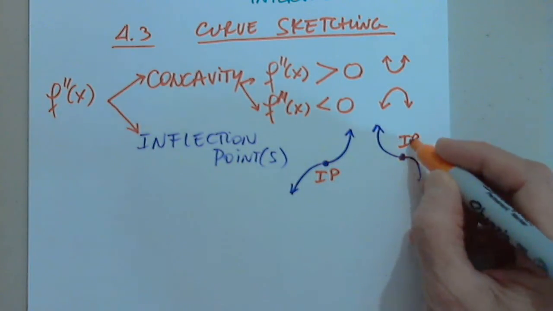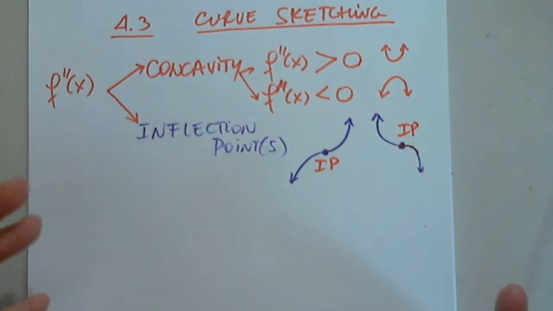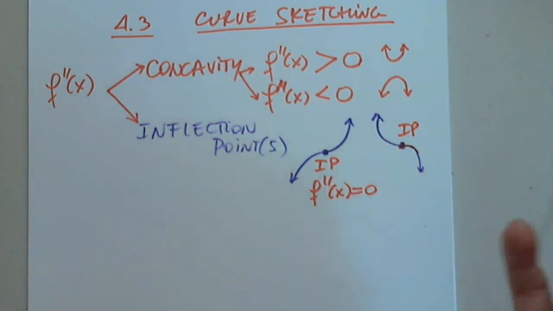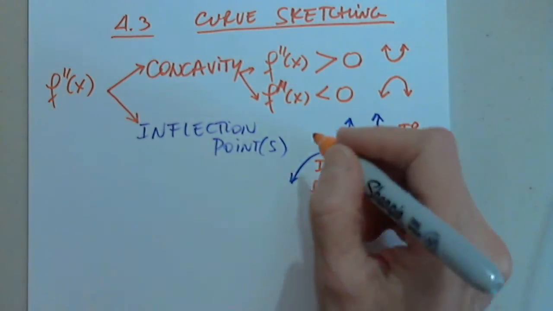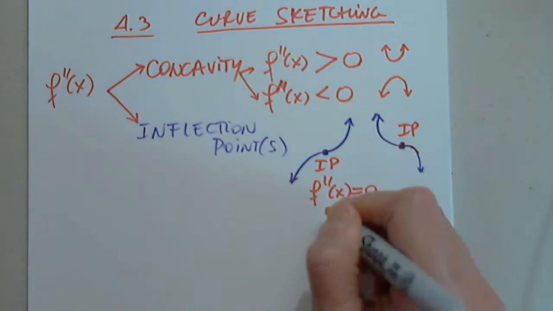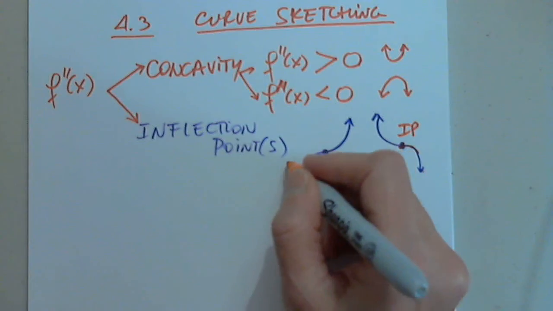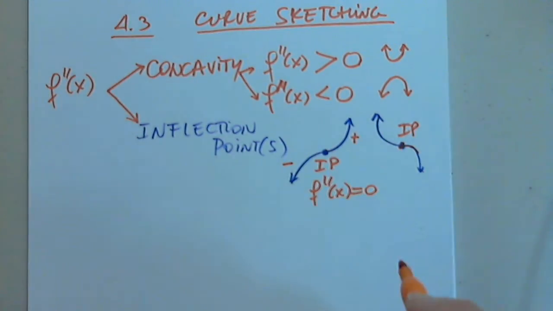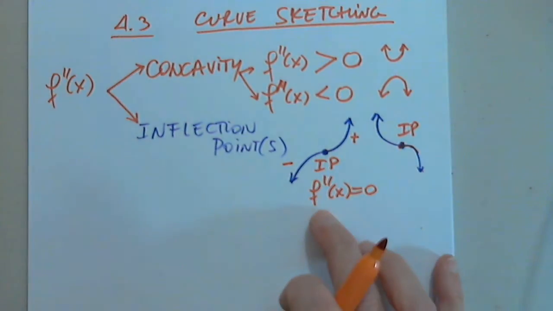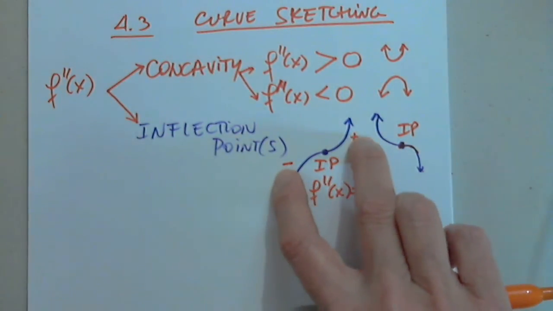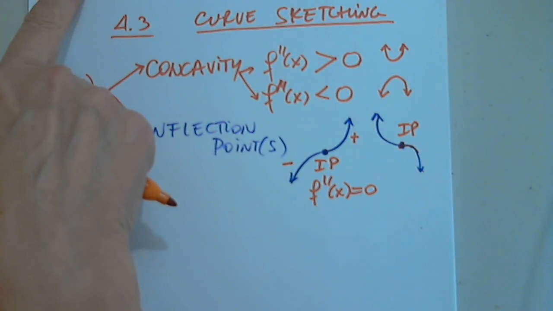This is another IP. So what happens here is the second derivative is 0 or potentially undefined, and it changes sign, the second derivative, from this, which is negative, to this, which is positive. If it doesn't change sign, even if it's 0 or potentially undefined, this will not be an inflection point. Same thing, it has to change sign, like for the derivative for a max min.